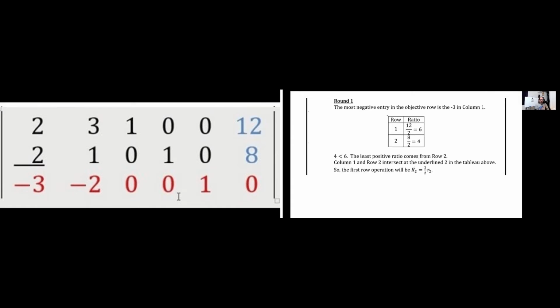Since we have a 2 as the entry at the intersection of column 1 and row 2, we're going to multiply that by 1/2 to turn it into a 1, but we have to do that to all of row 2.